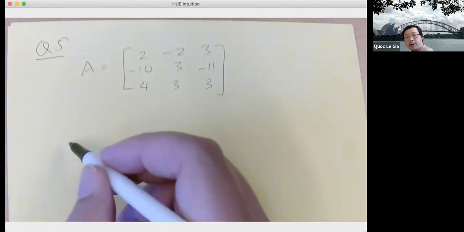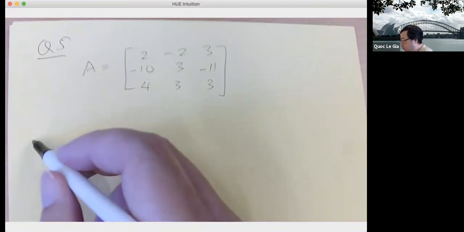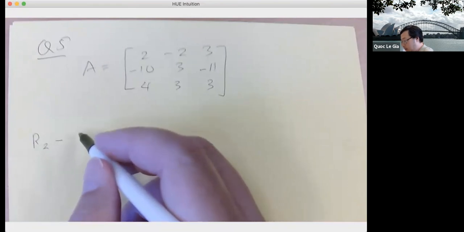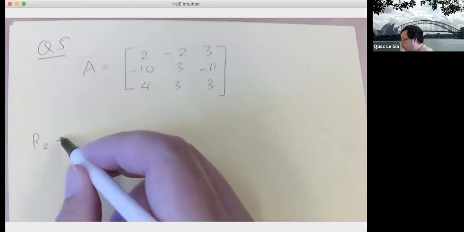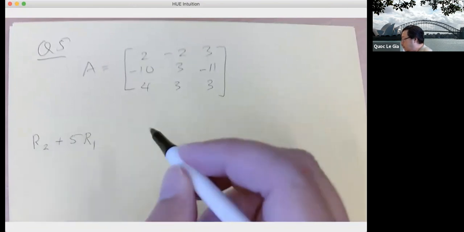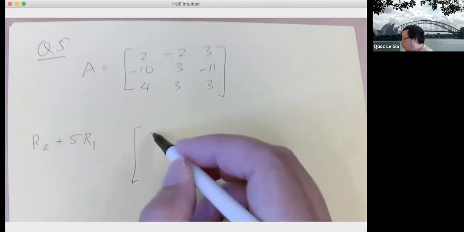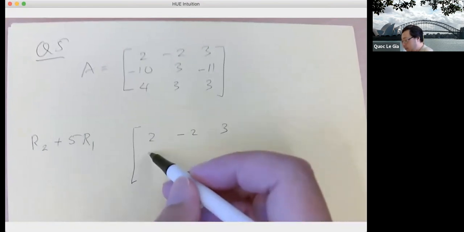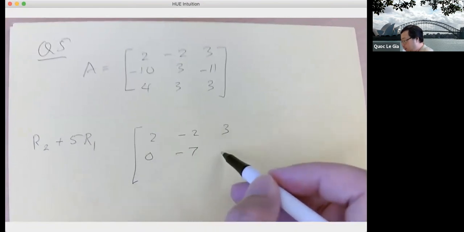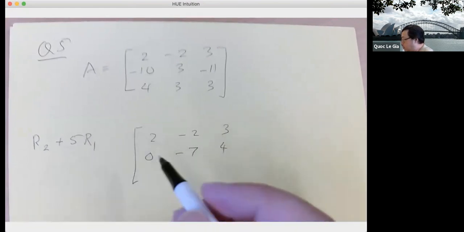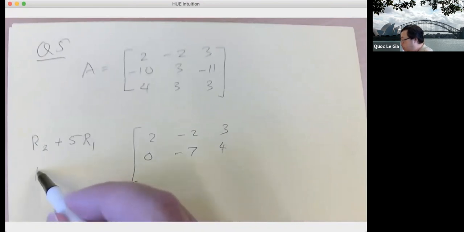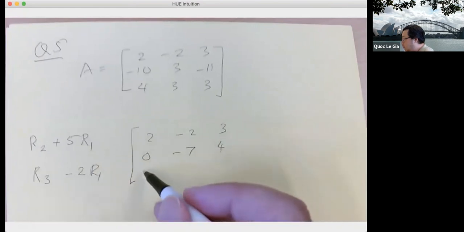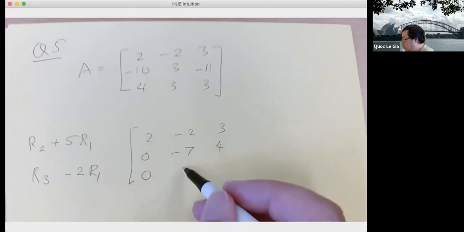If you apply row operations, row 2 minus minus 5, so it becomes plus 5 times row 1. Then this row becomes 0, minus 7, and 4. So this is row 2. And for row 3, minus 2 times row 1, then this becomes 0, 7, minus 3.